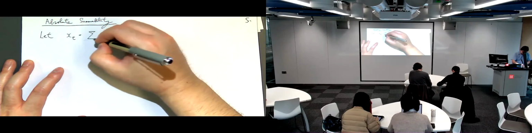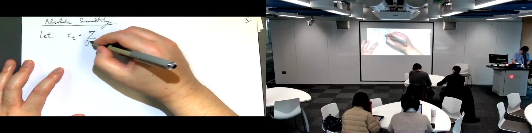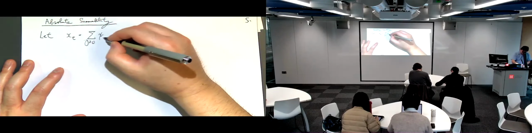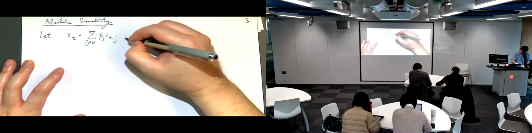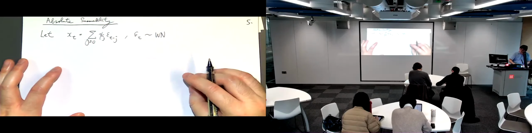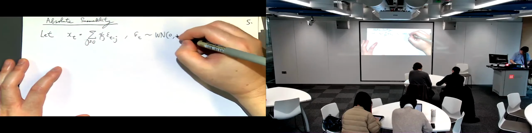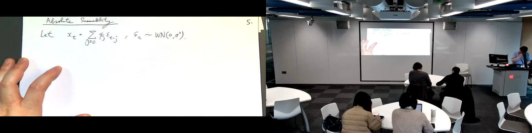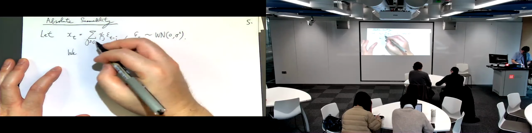If Xt can be written as an MA infinity, like this, where epsilon t is white noise. It's just a definition.